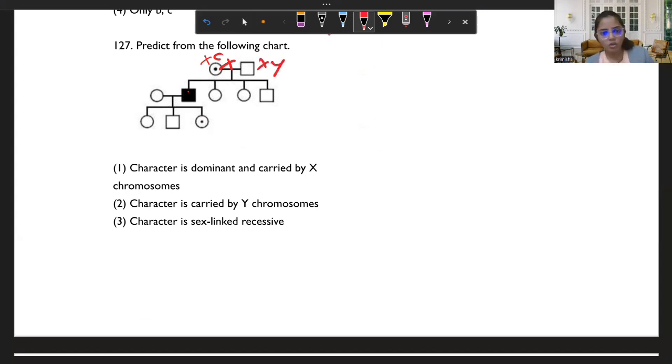If we cross these two people, there can be one possible genotype of XY, one of XCY, and two possible genotypes of XCX and XX, the daughters being either XCX or XX.